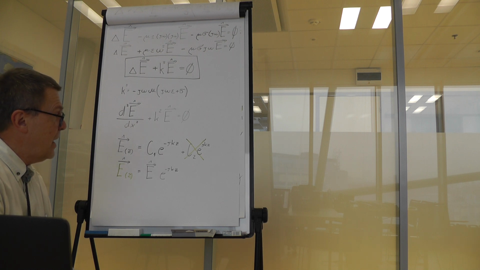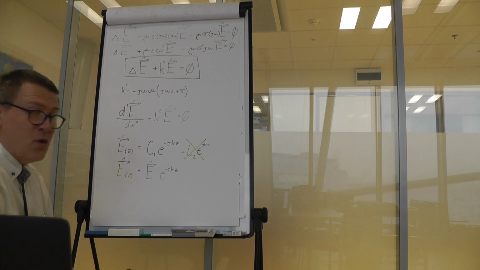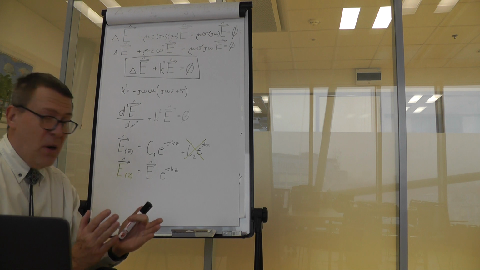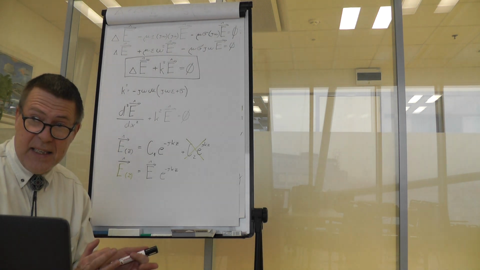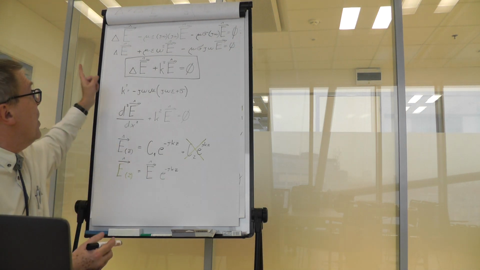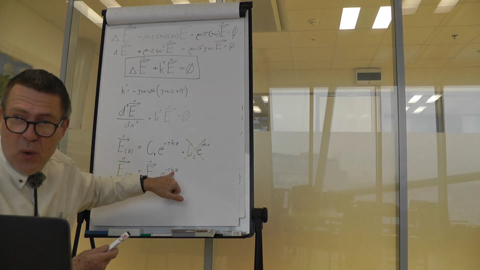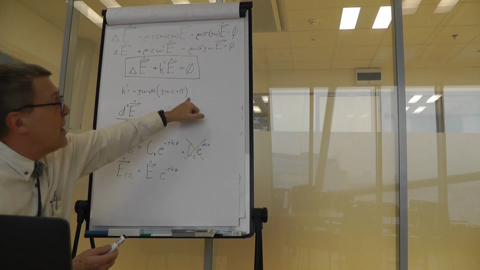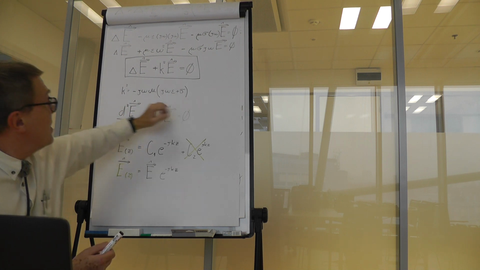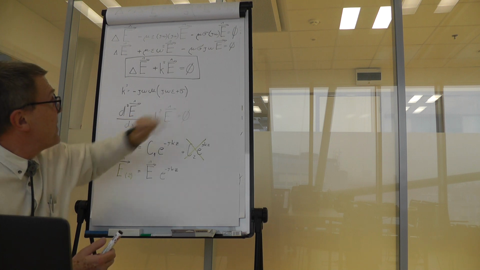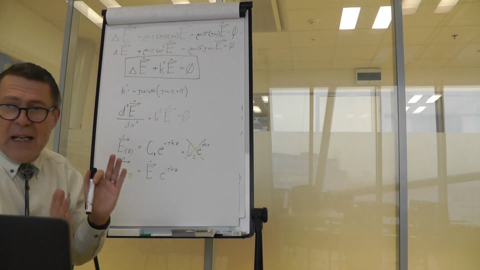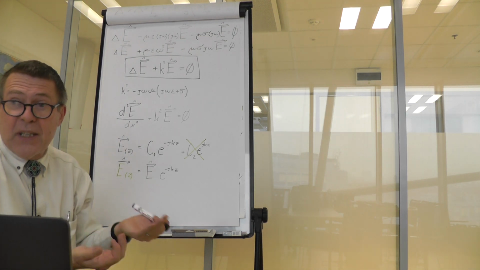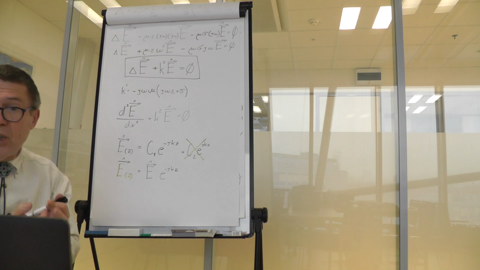Now I will shortly think about the k. K is the wave number. We still do not know how k looks like, but it is known by its square. The square of k is here. Now let us consider k like a complex number which has a real part and an imaginary part.